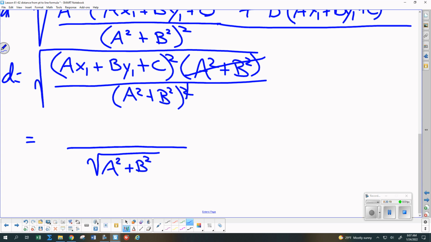In the numerator, we have the square root of a square, which may be ax1 plus by1 plus c. But if ax1 plus by1 plus c happens to be negative, and then we square it, it becomes positive, and we take the square root, we're going to take the positive square root because we know we want our distance to be positive.